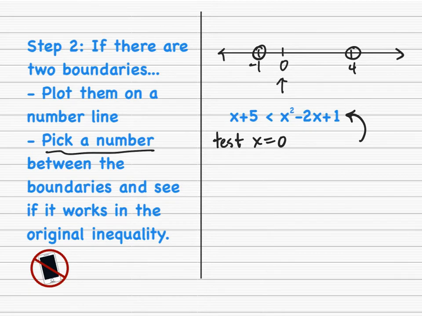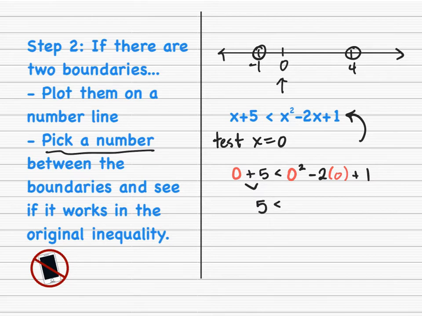So instead of x plus 5, I have 0 plus 5 is less than 0 squared minus 2 times 0 plus 1. For all the x's, I just plug in 0, and then I'm going to evaluate that. 0 plus 5 is just 5.